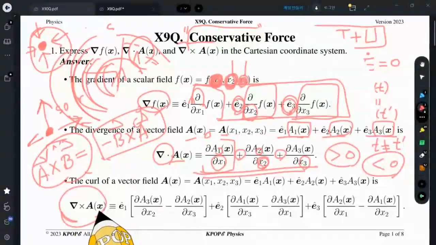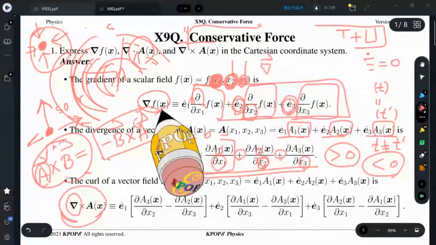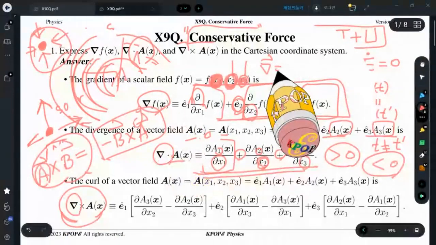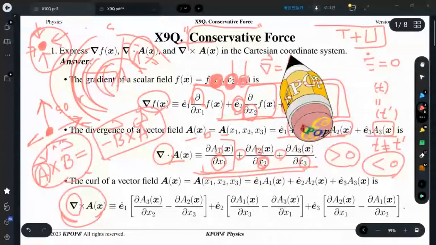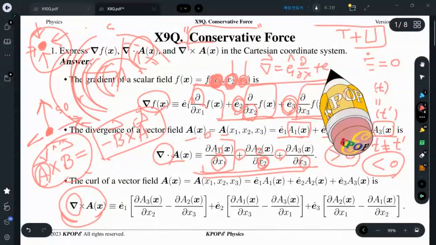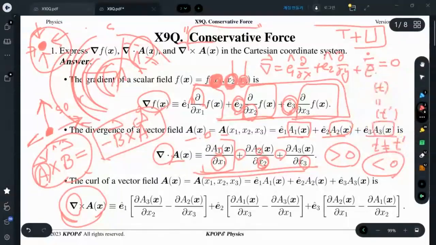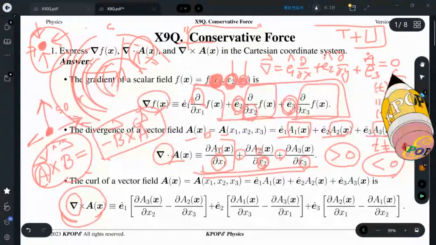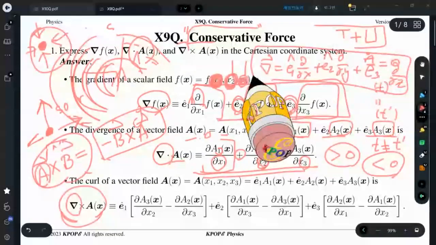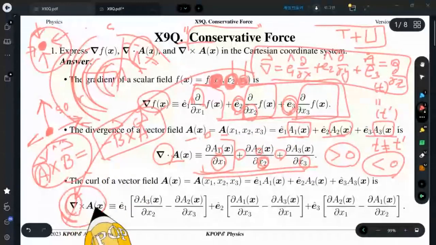Just like the cross product, instead, I insert the operator. What operator? The gradient operator, just like what we have used, the gradient operator, and substitute in here, and then take a cross product.